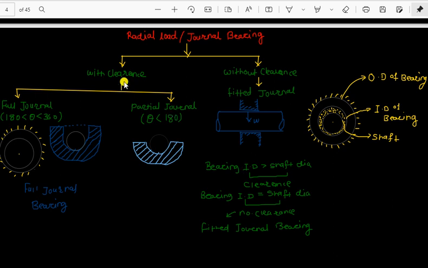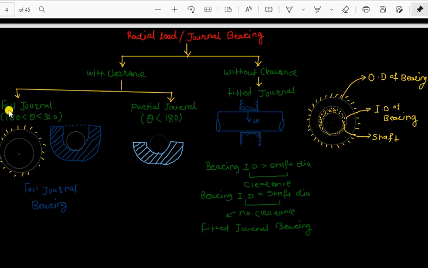Whereas in this bearing with clearance, the inner diameter of the bearing will be greater than the shaft diameter. Here you can see, this is the bearing, and this is the inner diameter. It is greater than the shaft diameter. This inside circle is the cross section of the shaft.